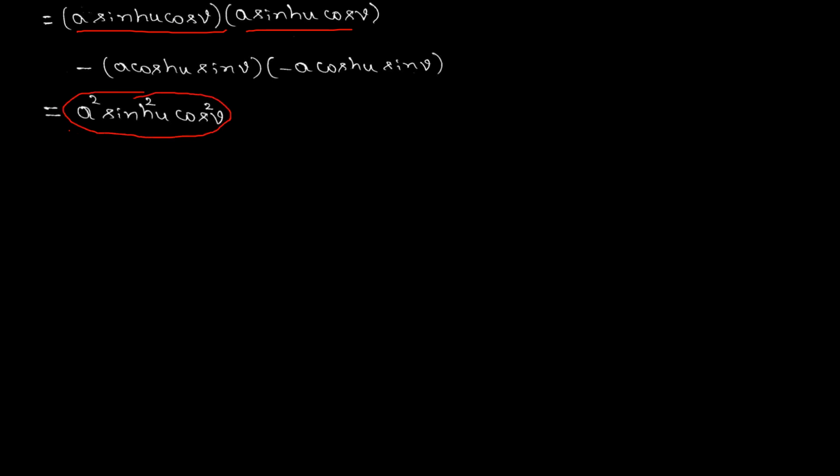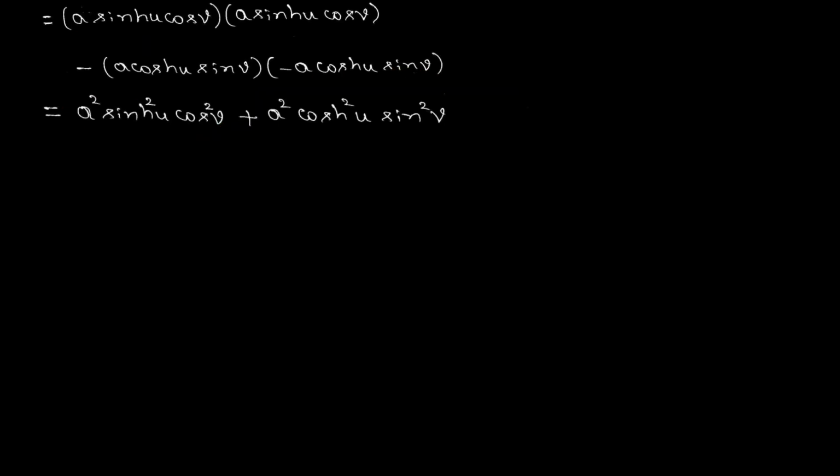Now let us multiply this with this. First thing is minus into minus, it will be plus. Then a into a square, cosh u into cosh u, cosh square u, sin v into sin v, sin square v.